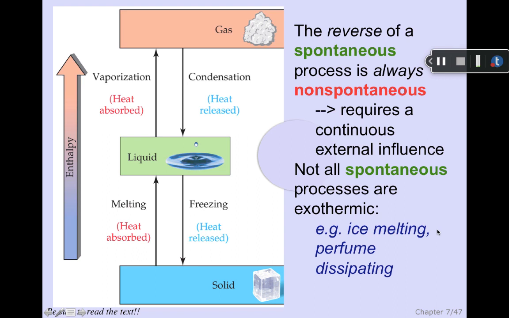If you have ice melting, as long as it's warm enough, that can be spontaneous, but it requires the input of heat, so that's endothermic. And perfume dissipating, going from a solid to a gas, or maybe liquid to a gas, that is also endothermic. But again, if your reaction conditions are warm enough, that will indeed also be spontaneous. So not all spontaneous processes are exothermic, even though we're tempted to think that on occasion.